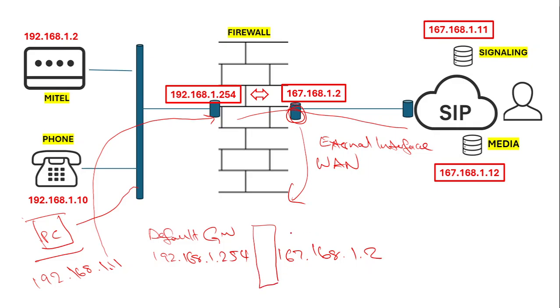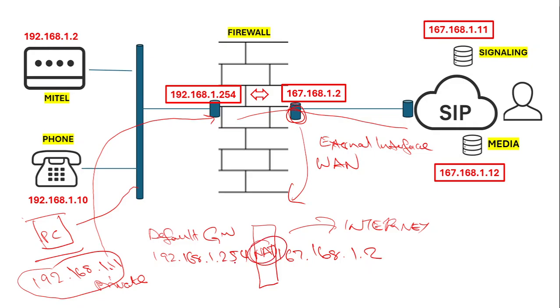Because we are going into the internet, this IP address of the PC, 192.168.1.11, cannot be routed on the internet because it is a private IP address. So we have to change it into a public IP address by NATing on the firewall. So the firewall is going to NAT here.